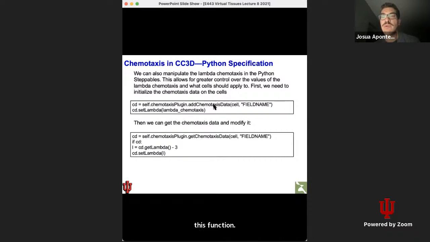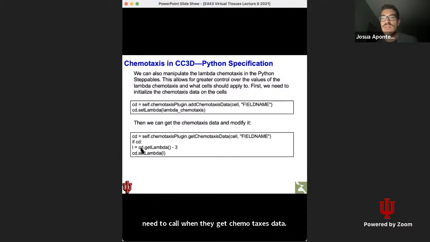So we add the chemotaxis data to the cell corresponding to the field, and then we set the lambda for that field. So that would be the equivalent of specifying what the lambda chemotaxis is in the XML. But then we can access and modify what the lambda chemotaxis is by calling this anywhere else in the code. We need to call the get chemotaxis data.